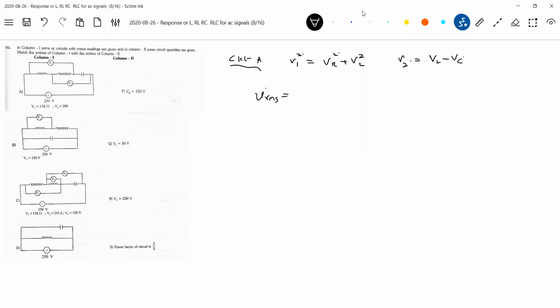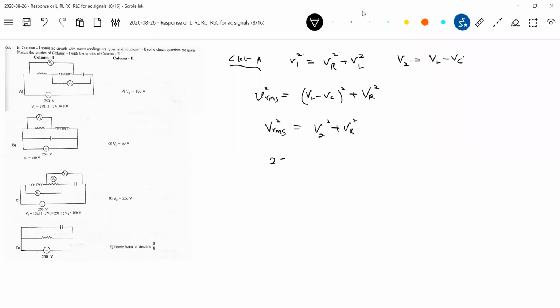VRMS square is equal to VL minus VC whole square plus VR whole square. Is it okay? So do we know VL minus VC whole square? That should be equal to V2. Some of you are getting confused by the symbols, so I'll write it: in place of this, V2 square, and this is VR square.